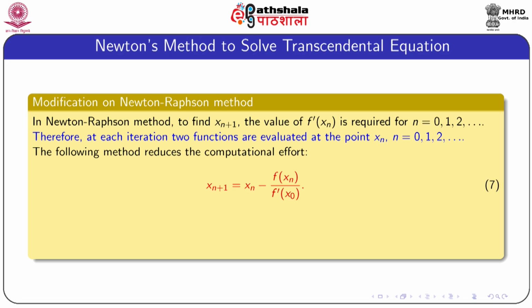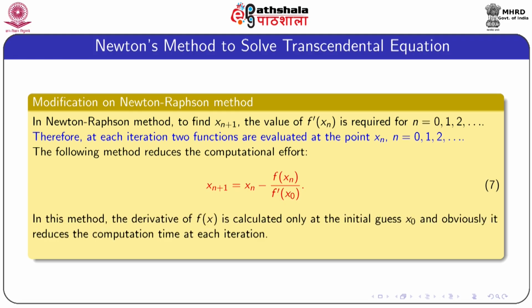The term f prime xn of the Newton-Raphson method is replaced by f prime x0. In this method, the derivative of f is calculated at only one point, that means only at the initial guess x0, and obviously it reduces the computational time at each iteration, but the rate of convergence of this method is reduced to 1 from 2.